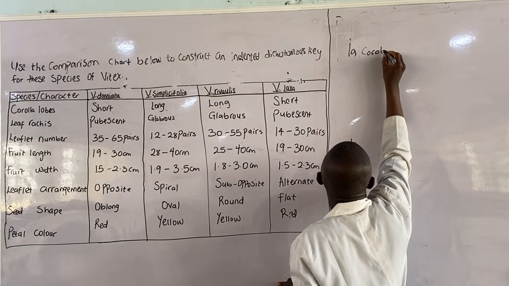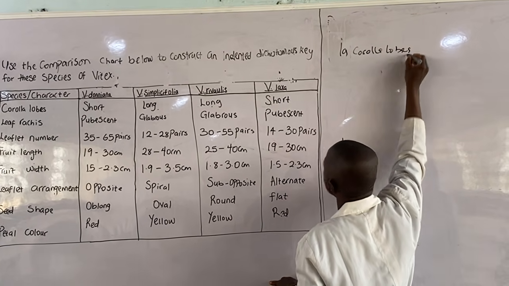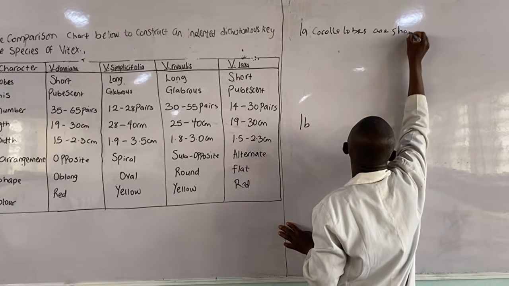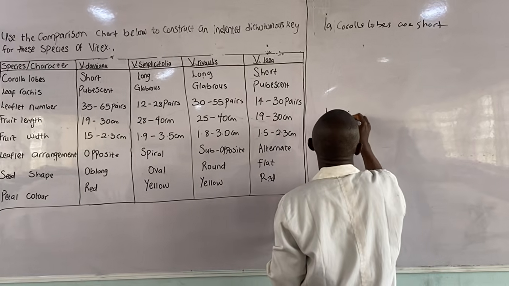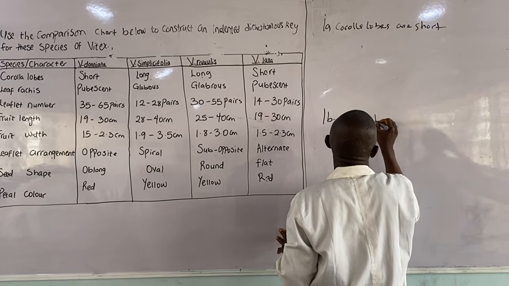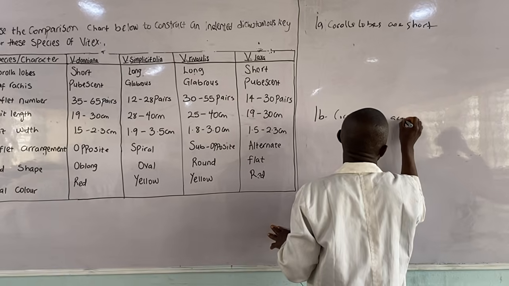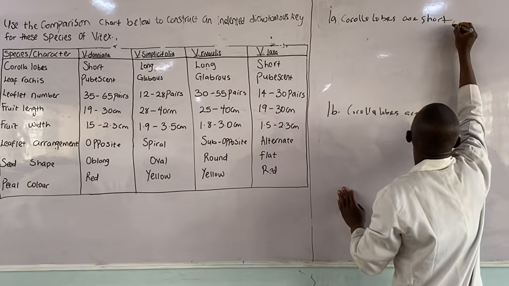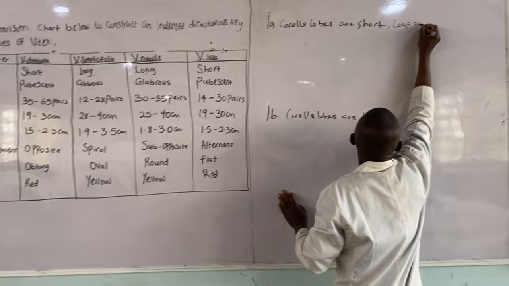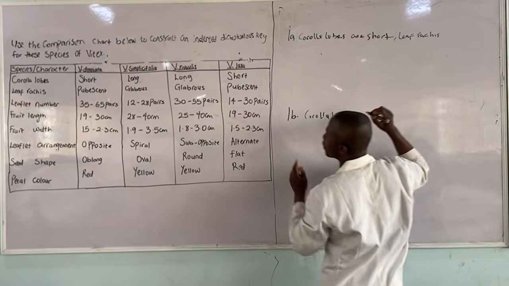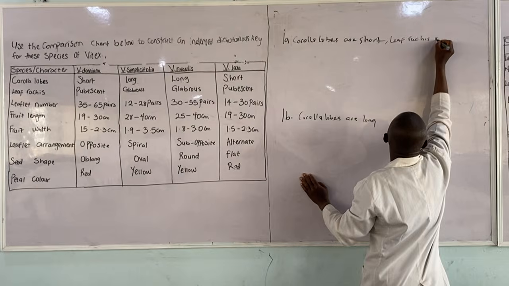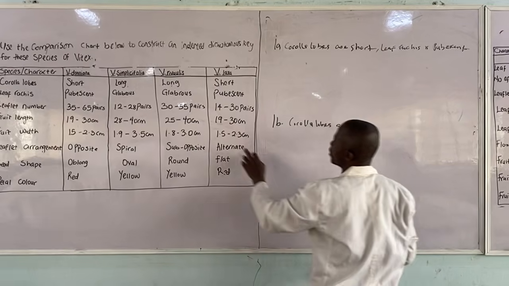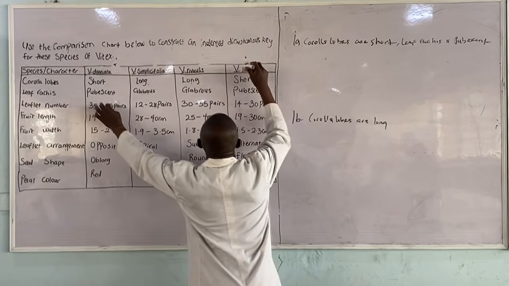Corolla lobes are short, but in this case, corolla lobes are long. Other character we have is leaf branches is pubescent. As you can see, we are dealing with these 2 first.